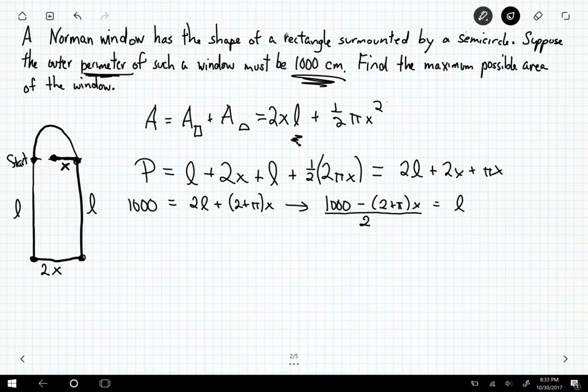So we have a question along the way, and this is good. The way I'm approaching this problem might be different than what you're trying to solve. Say you're working on a homework problem. I'm trying to illustrate a couple different ways. So here's the question, why is the bottom width 2x instead of just x? I could call it x, but the formula up top is going to be a little bit more nasty in terms of the fraction.